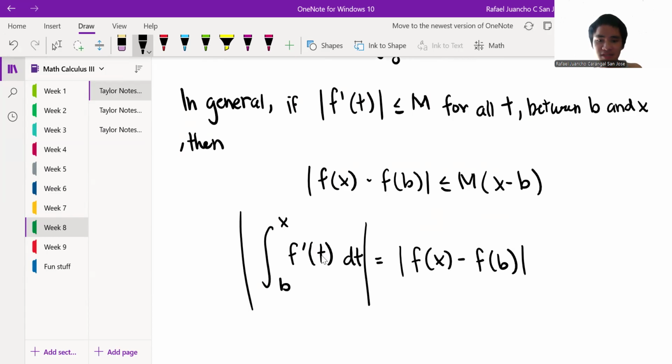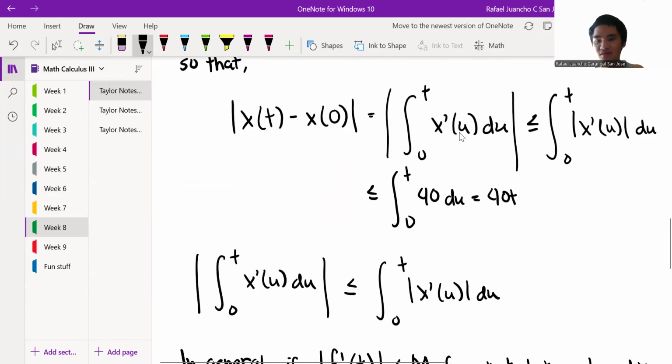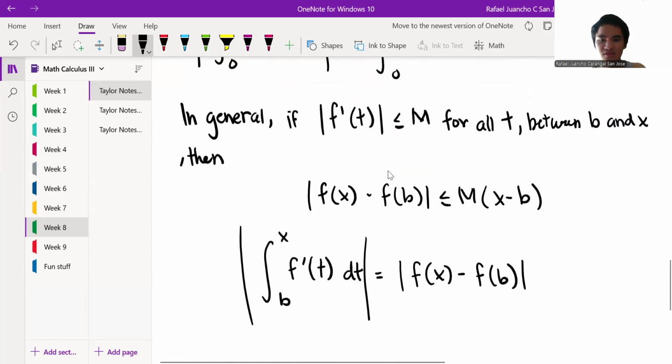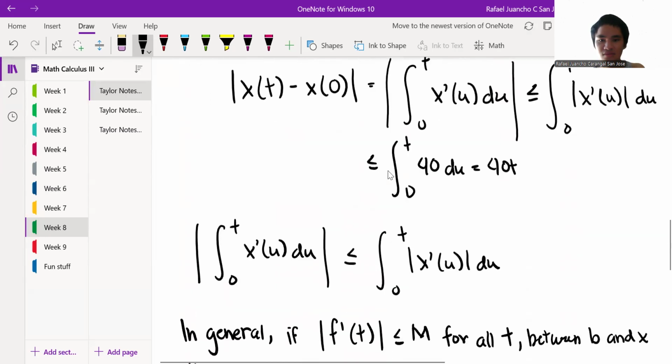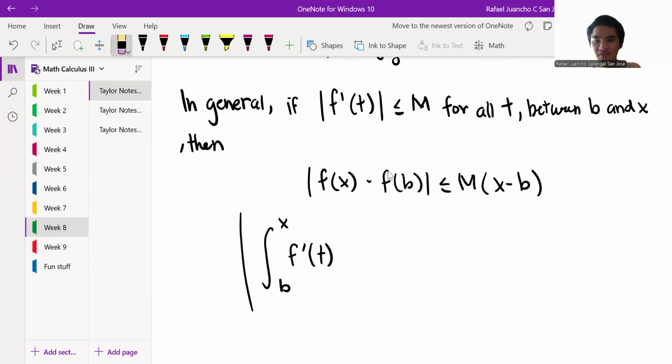And then we say this thing is also equal to the absolute value of this thing, or less than or equal to, yeah. Okay, it's just another short way of applying an integral. And then apparently that's the formula there.